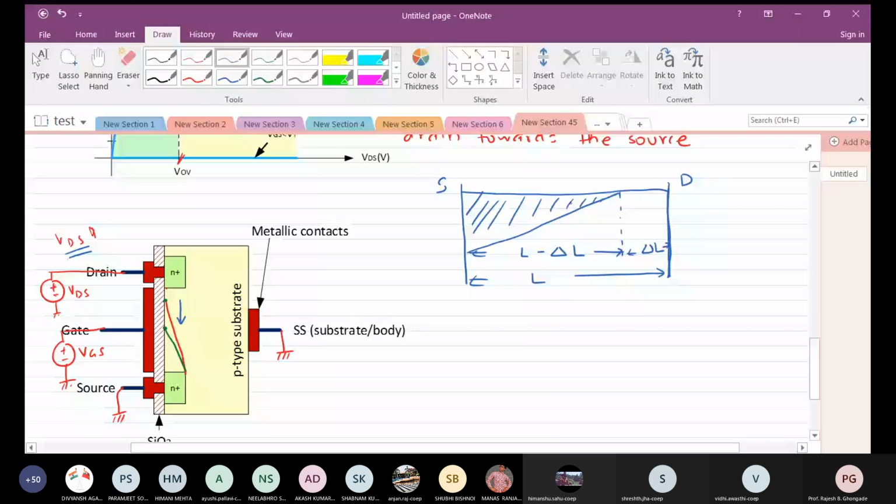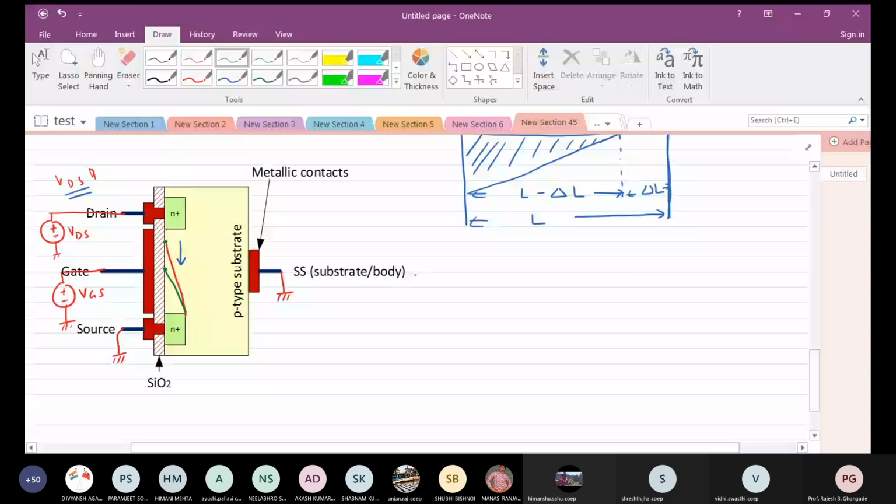But the voltage across the channel remains constant, which is nothing but VOV, as VOV is equal to VGS minus VT.